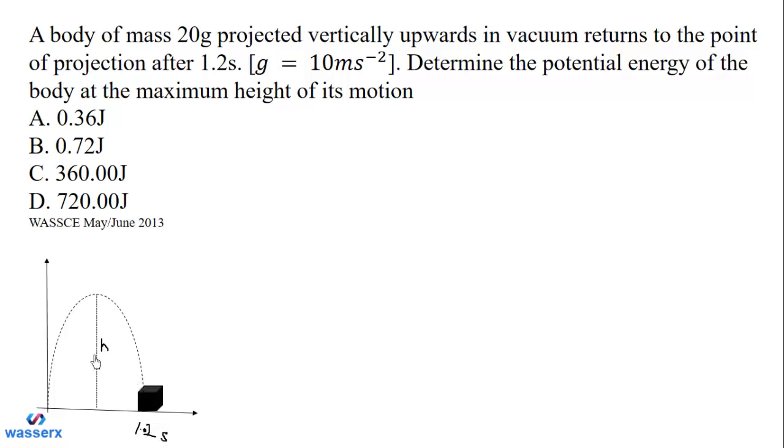We need to use the fact that the time taken to reach the maximum height is equal to the time taken to return to the point of projection. So it means in each of them we have 0.6 seconds.